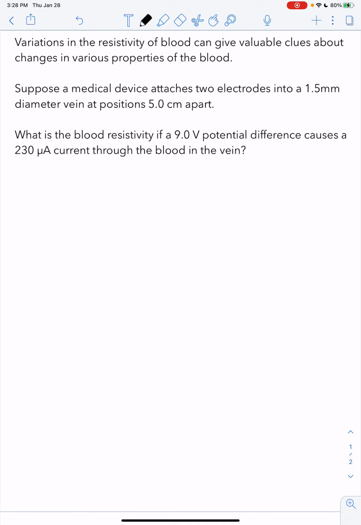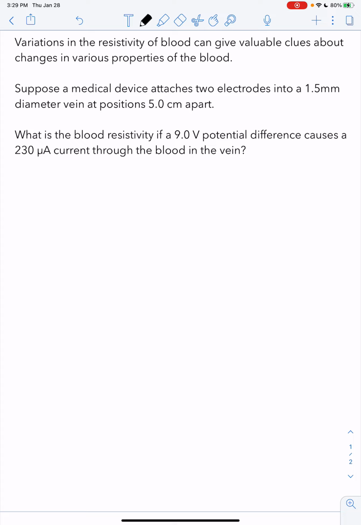Okay, so in this question, we're going to be looking at a given scenario with some information about how a measurement of resistivity can yield information about the properties of blood. So we're told that a medical device can be used by attaching two electrodes to a vein 5 centimeters apart.